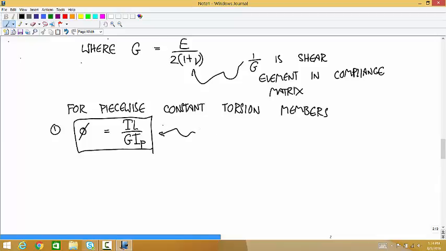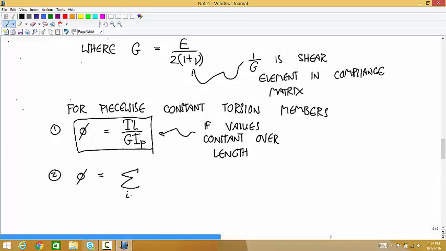That's if all these values are constant over the whole length. And if they're piecewise constant, then the angle of twist is equal to the sum over all the individual pieces of the torsion member of TI LI over GI IPI.